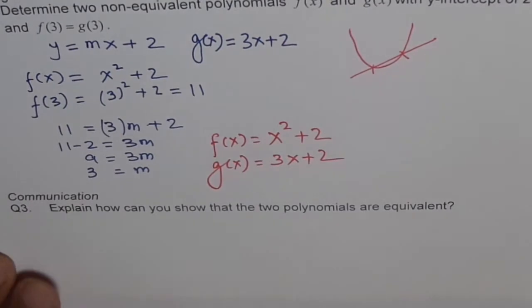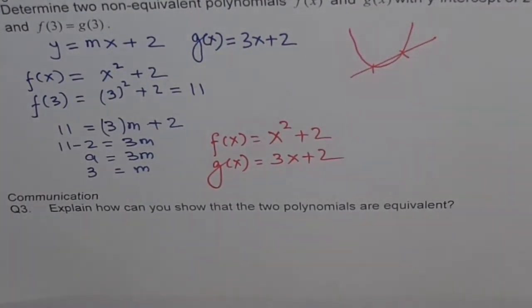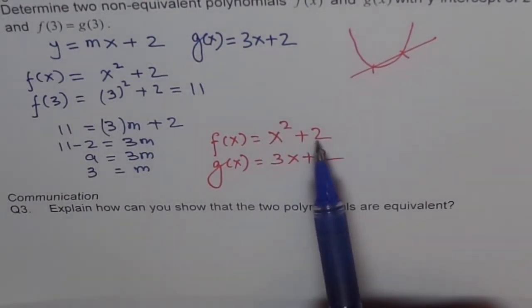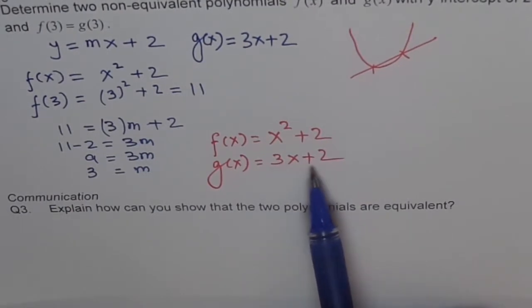So these are two different polynomials, right? One represents a line, the other one a parabola, but they have 2 points in common. One, their y-intercept, 2, and then if I plug in 3 in each, 3 squared is 9, 9 plus 2 is 11. 3 times 3 is 9, 9 plus 2 is 11.